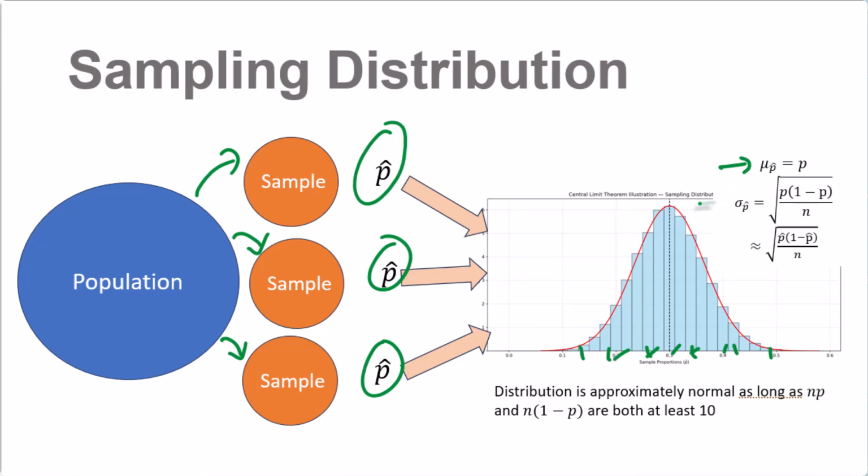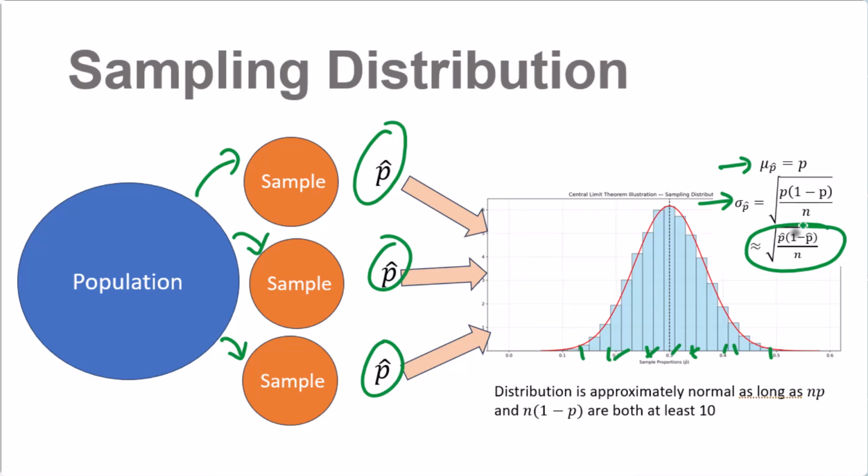And the standard deviation of those sample proportions, which we call the standard error, follows this formula here, the square root of p times 1 minus p over n. We're going to be approximating this by using the sample proportion in that calculation. So rather than p, we're using a p hat.